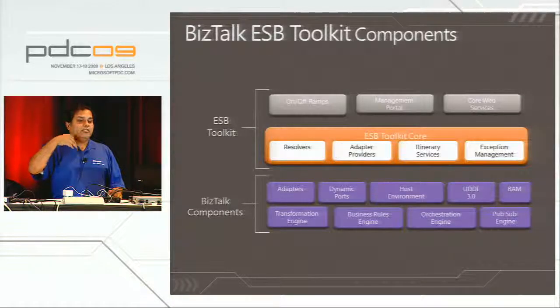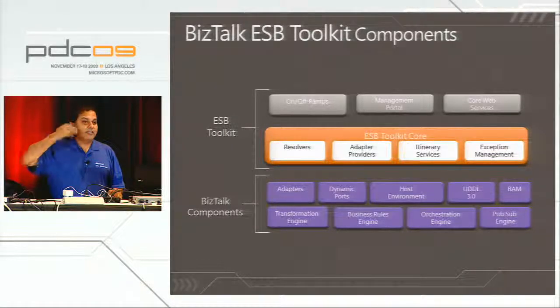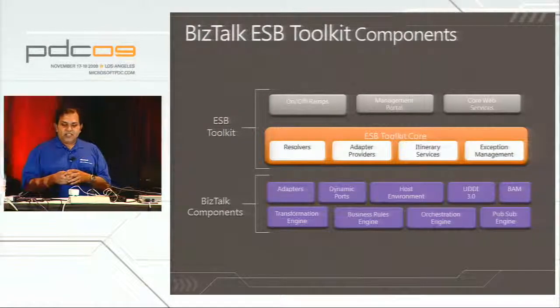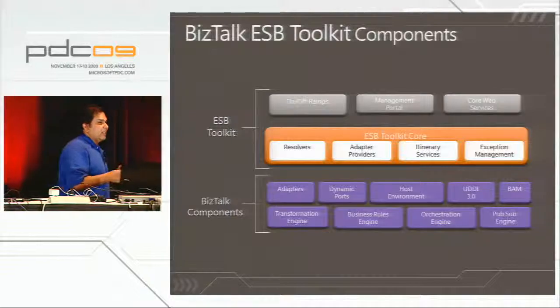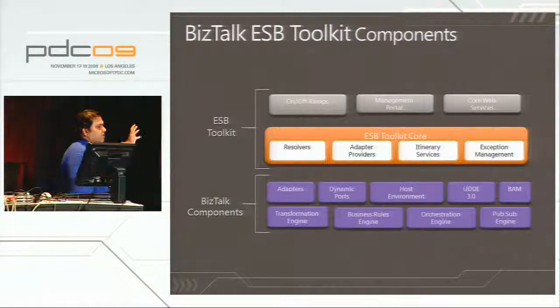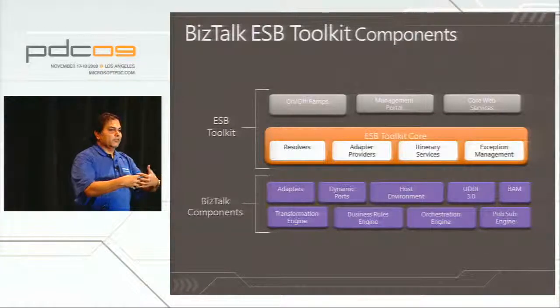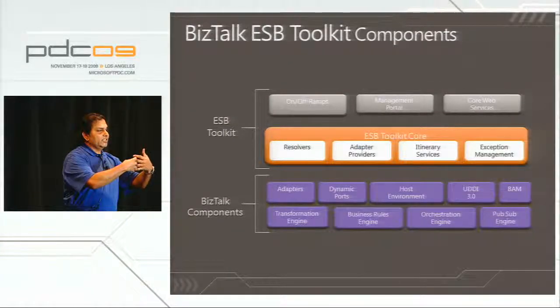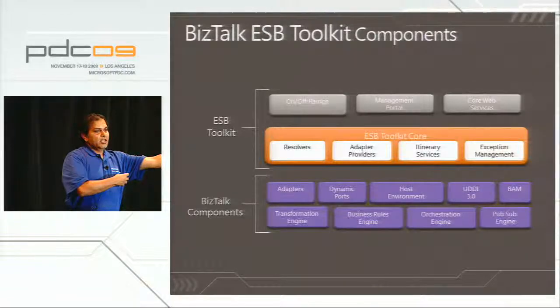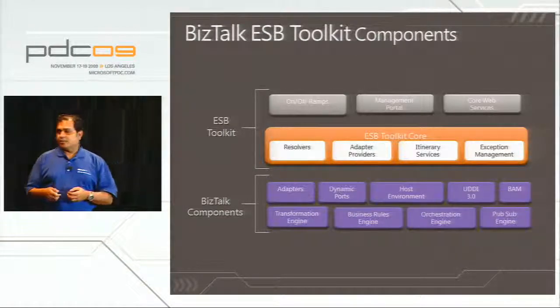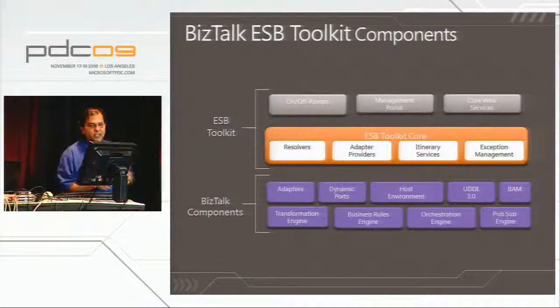In fact, it gives you the ability to repair messages and resubmit them. The other thing, core services or web services, is what I just mentioned in the previous slide. It exposes a lot of functionality, like the transform service, UDDI service, and things like that, to external service clients so that they can consume it if they don't want to use the full ESB infrastructure. So that's the top three.